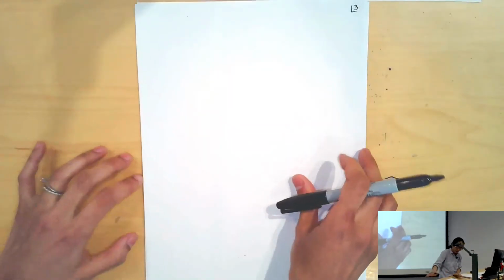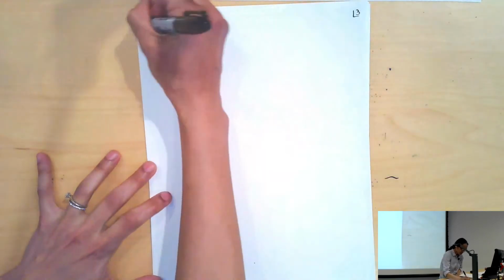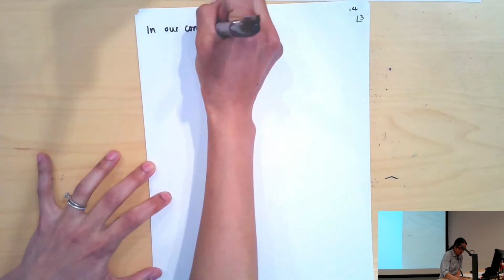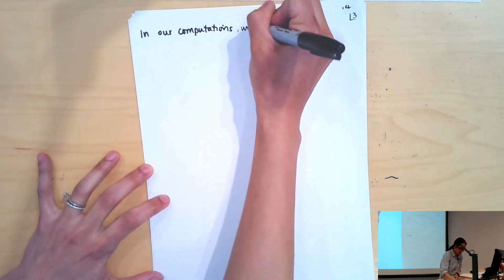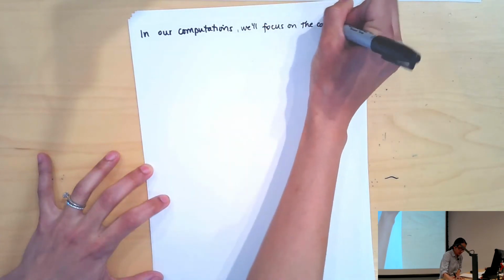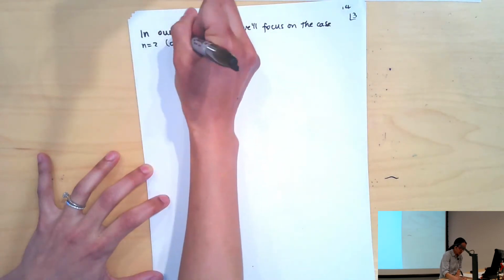All right, so just to be clear about what that means, in our computations we'll focus on the case n equals 2, the double Coleman integrals.